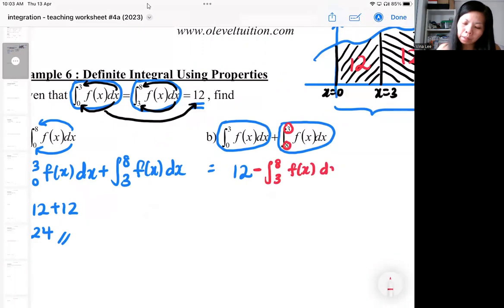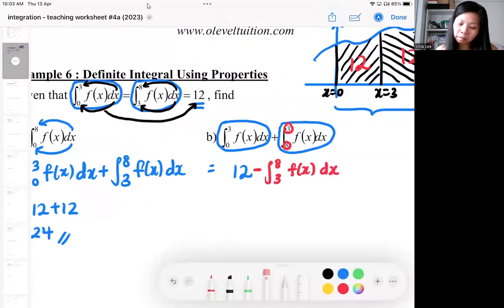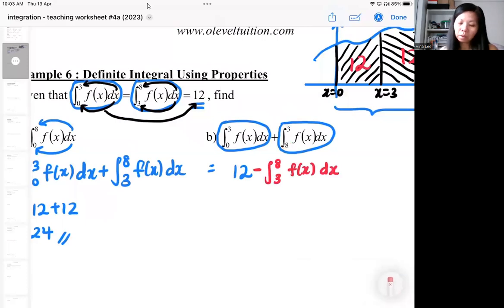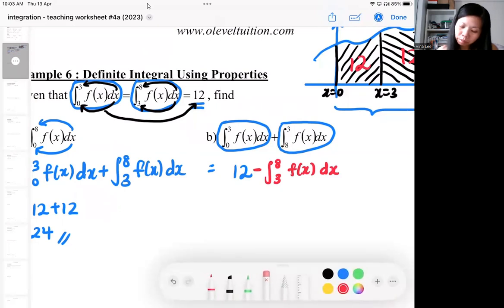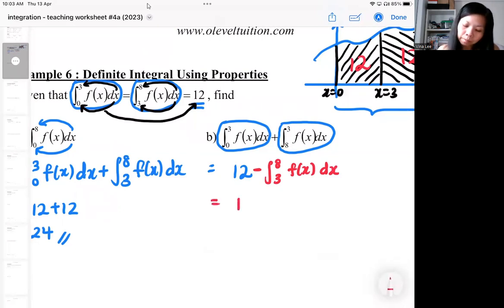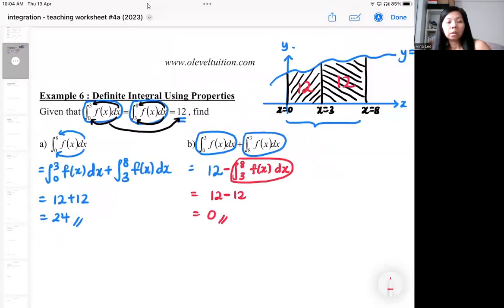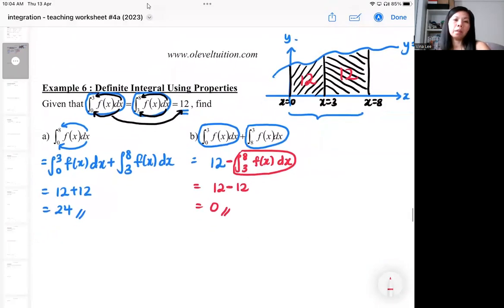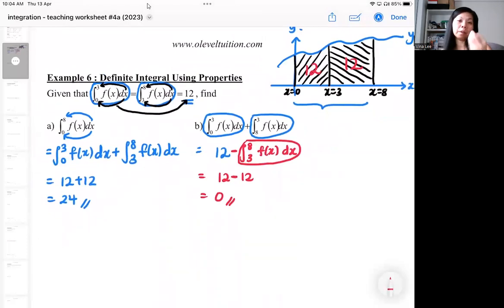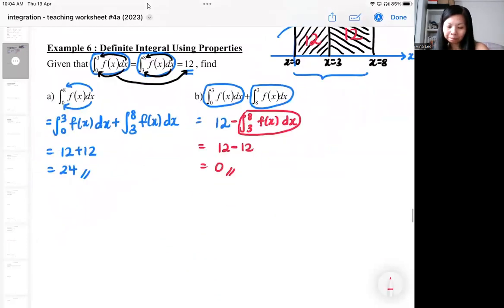One of the properties that I mentioned on page 2: if you need to switch the numbers on the integration sign, you switch it with a negative. Because now you switch it with a negative, this piece is an area of 12, so it actually becomes a 0.